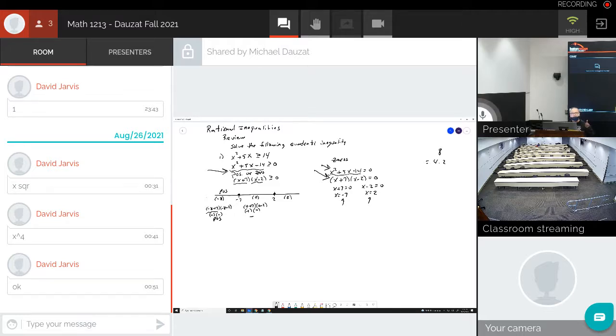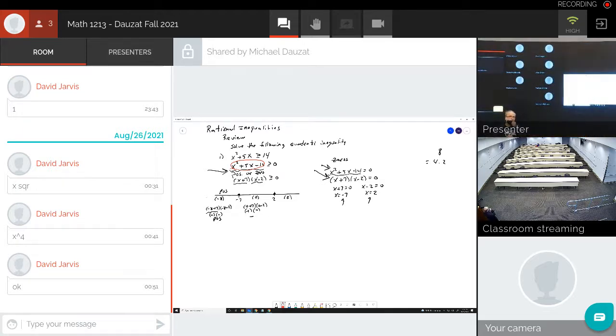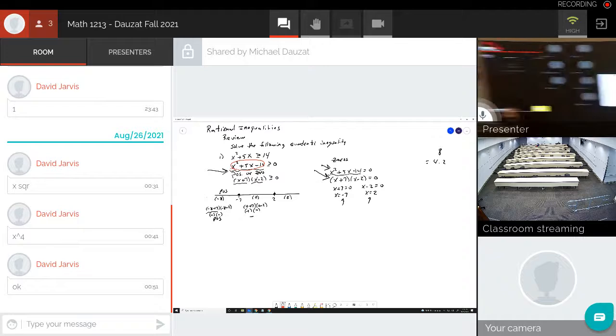So any real number in this interval will make this, and go ahead and circle it in red, will make this quadratic expression what kind of number? Negative. Is that something I want? No, I want that to be what kind of number? Positive.